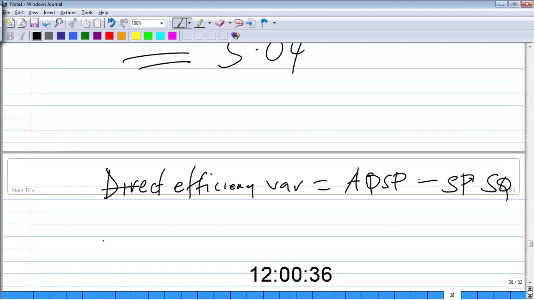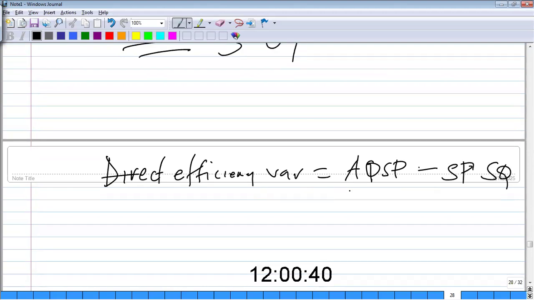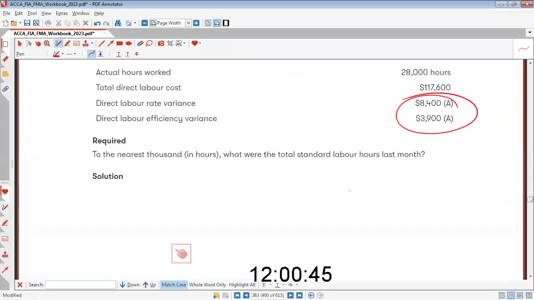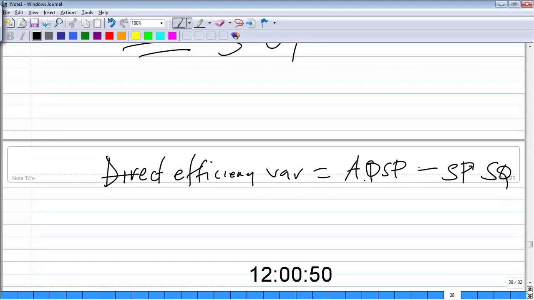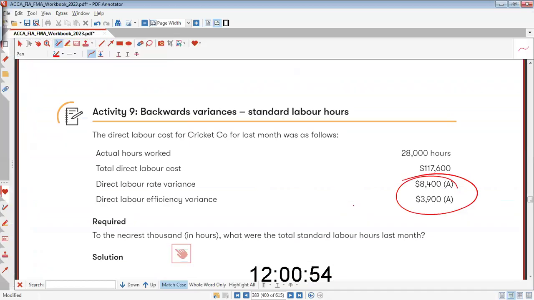Among this, what do we have here? They said we have actual hours worked, AQ, that is ticked. Do we have the standard price? What are the standard labor hours?